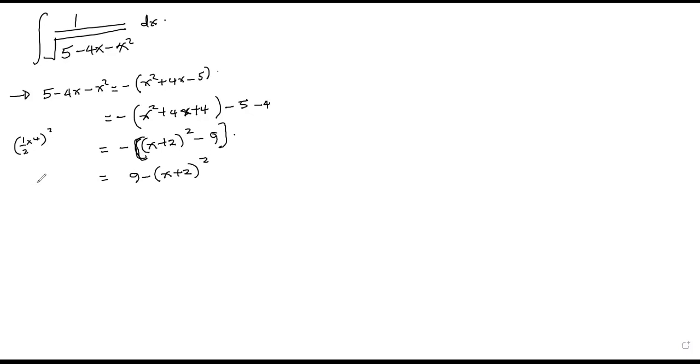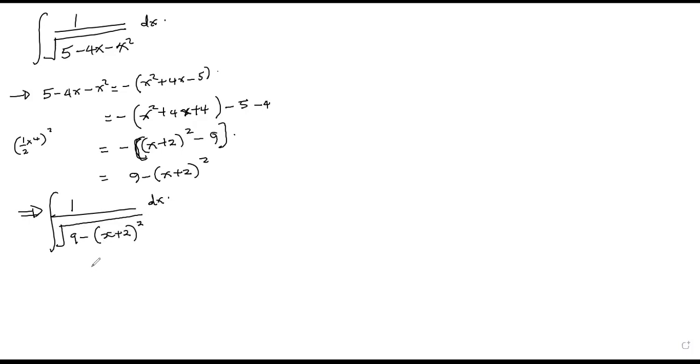So it means that the integral is going to become 1 over root. Then the whole of this, now replace it with 9 minus x plus 2, everything squared dx.